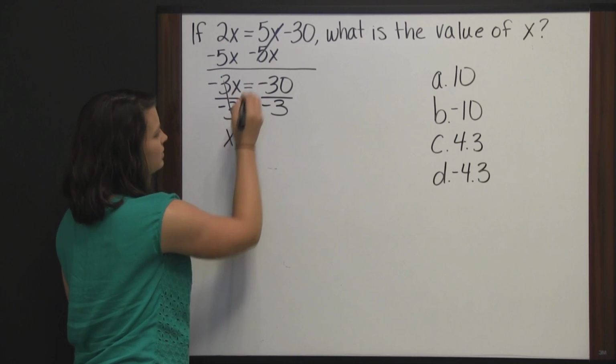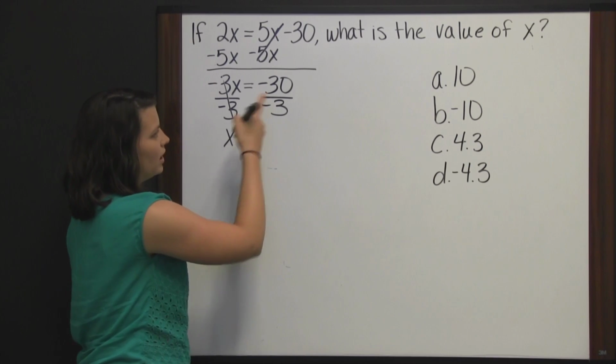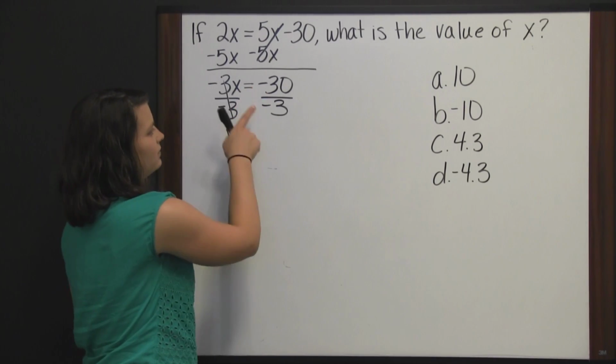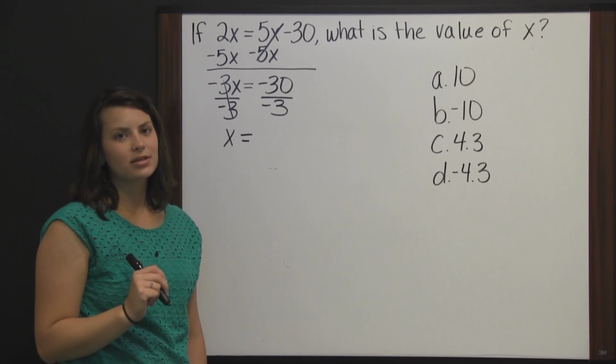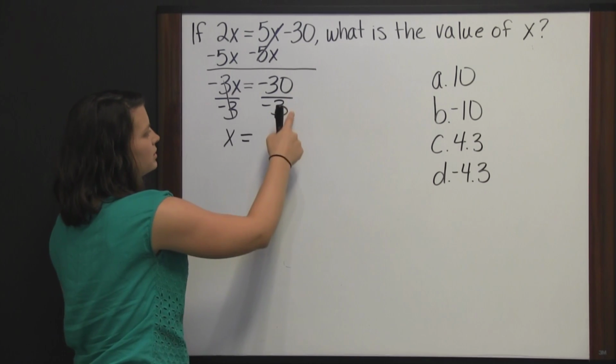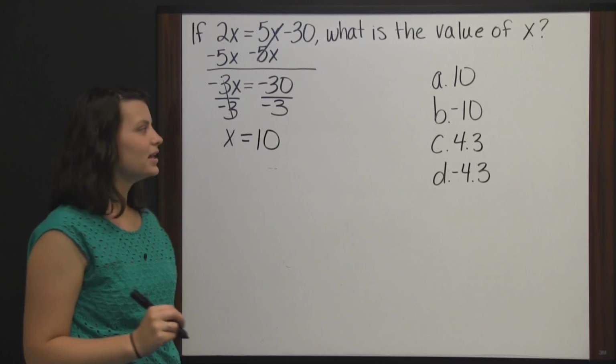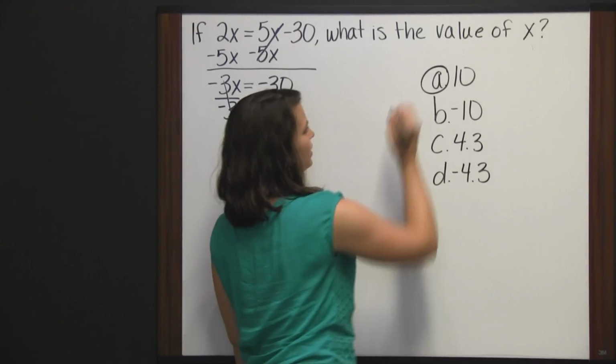So we have x equals negative 30 divided by negative 3. A negative divided by a negative is a positive, and 30 divided by 3 is 10. So x equals 10, which is answer choice A.